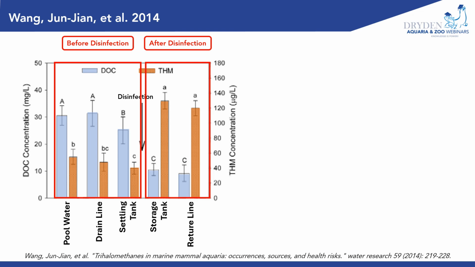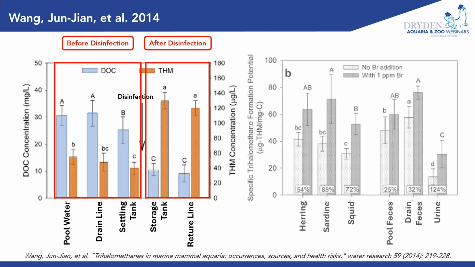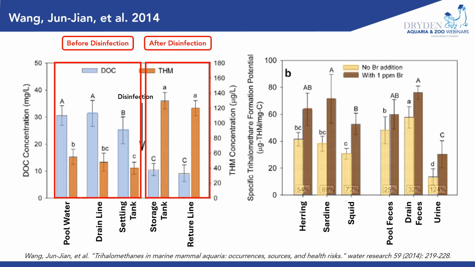Do you have any more to show us? Yes. So on this graph, they compare different precursor sources, so uneaten food, scat and urine in both fresh and seawater. It shows that THM formation in all the precursor sources dramatically increased in the presence of bromine. And on top, in saltwater exhibits, not only chloroform is formed, but also the mixed forms such as bromochloromethanes and bromoform.